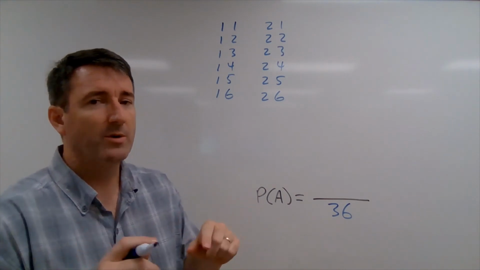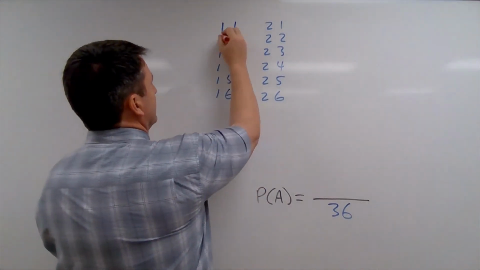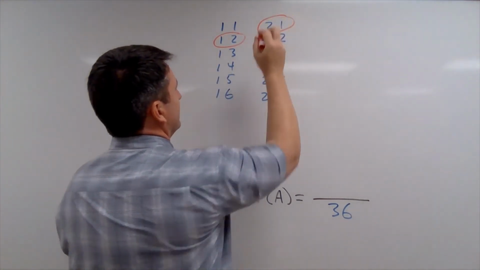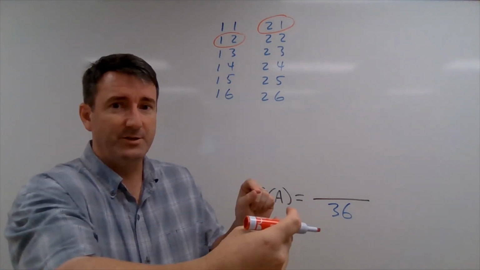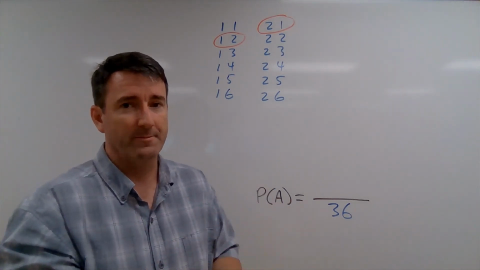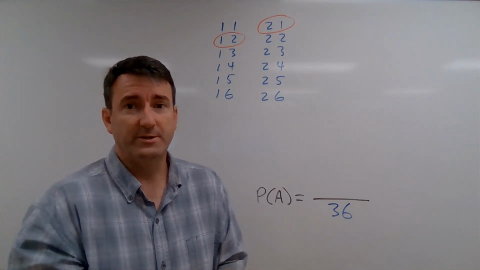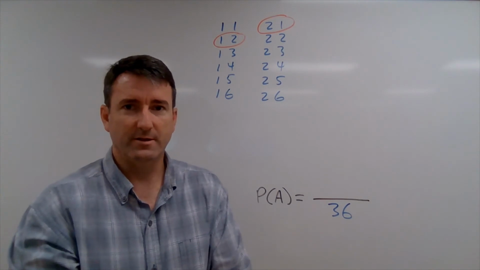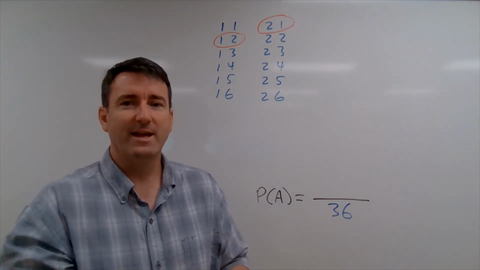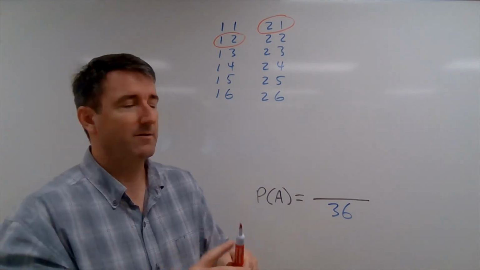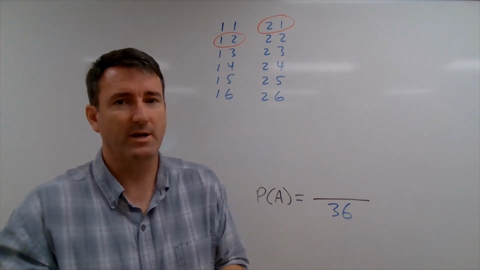Now, it's important to note that this and this are 2 different outcomes. Rolling a 1 and then a 2 is different than rolling a 2 and a 1. This is sometimes hard to see when we're just rolling 2 dice. You see that one's a 2 and one's a 1, which seems like the same outcome for each of these 2, but it is important that we count both of those outcomes.